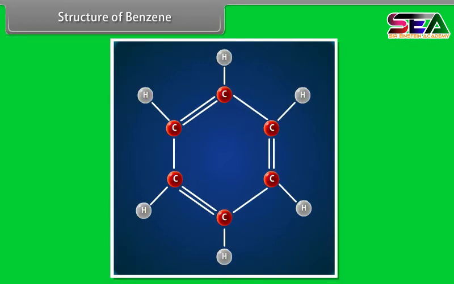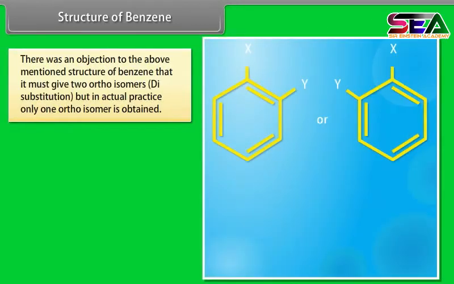There are 3 alternate double bonds between 2 C atoms to complete the 4th vacancy of carbon. There was an objection to the above-mentioned structure of benzene that it must give 2 orthoisomers, di-substitution, but in actual practice only one orthoisomer is obtained.